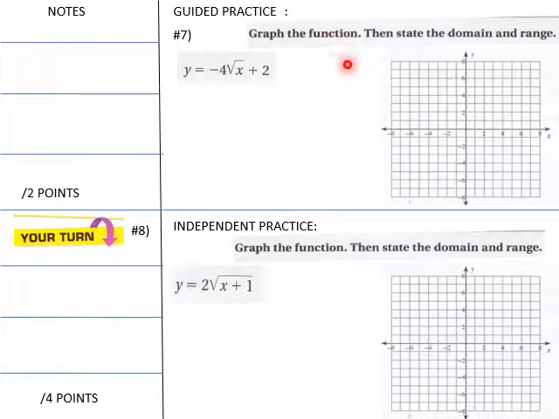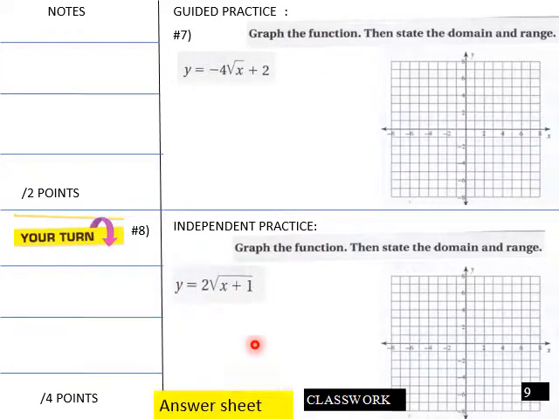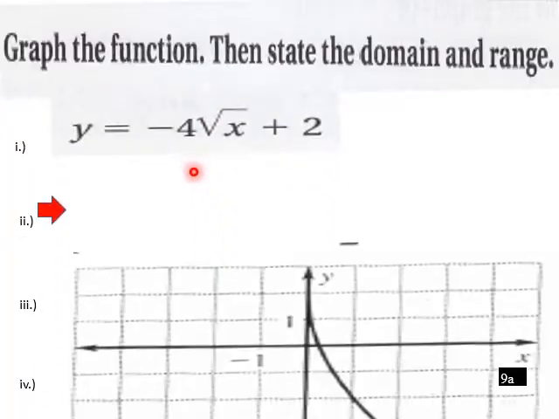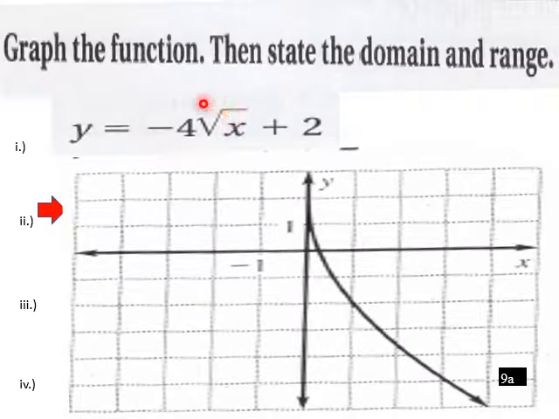Okay, graph the function and state the domain and range. We got this here to do, class. This is yours down here to graph. Let's get into our guided practice now. Here's our function.